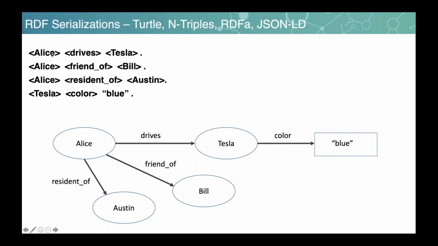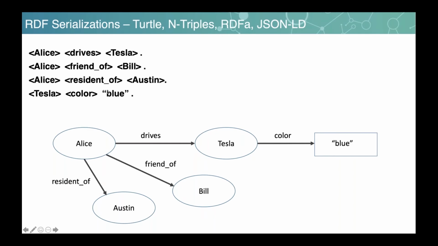So Alice drives a Tesla. That's this triple here. Alice is a friend of Bill. Okay, that's this triple. Alice is a resident of Austin. That's this triple. And then the Tesla has the color blue. Now, one thing I'll point out here is that blue is in a rectangle while the other ones are in circles.